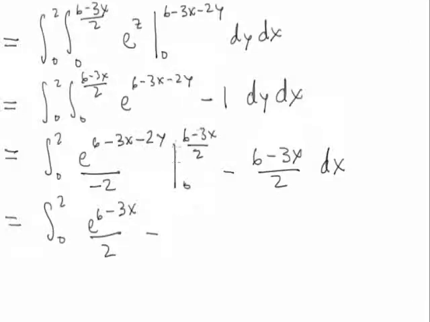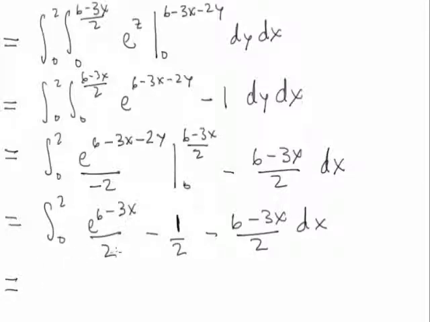So in the end, when I plug in y equals this, I get e to the 0. So I get 1 over 2. Then I have minus 6 minus 3x over 2. So after 2 iterations, we're back to a single variable integral. So I just have 1 iteration left.